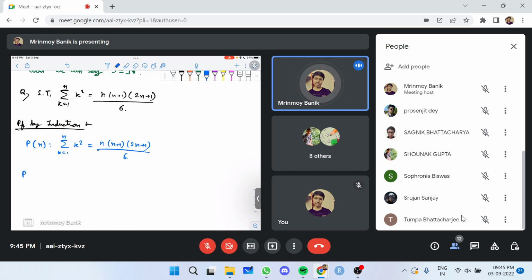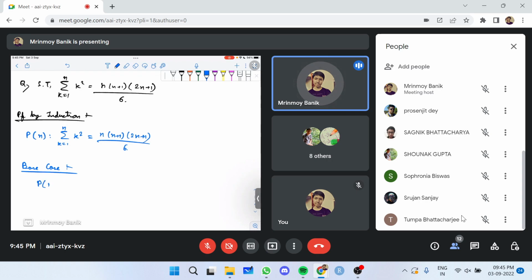So first we have to check the base cases. Base case is just P1 in this case. The statement P1 is 1 squared equals 1 into 2 times 3 by 6. It's simply 1.